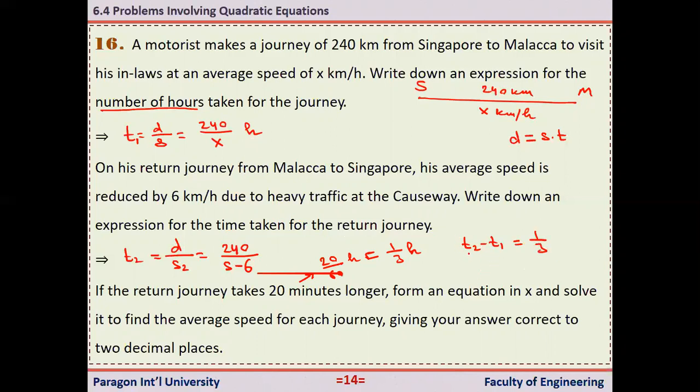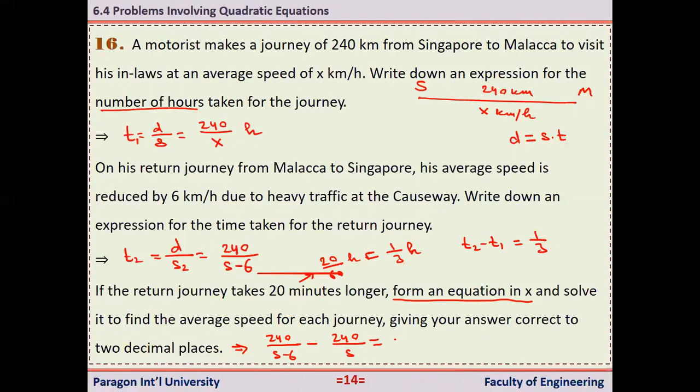And we know what T sub 2 is equal to, and T sub 1 is equal to this. So we have to solve that equation. It says form an equation in x. So that will be 240 over s minus 6, minus 240 over s.